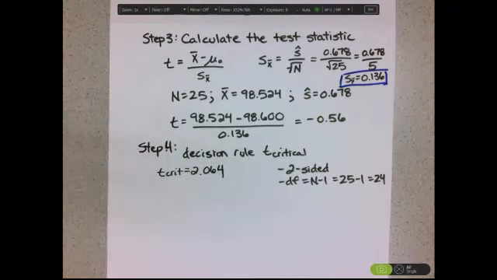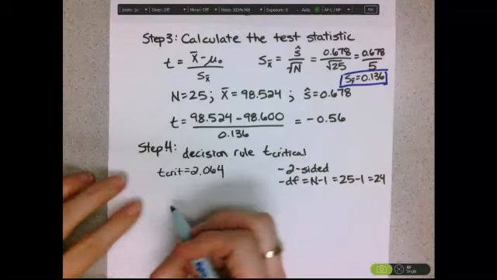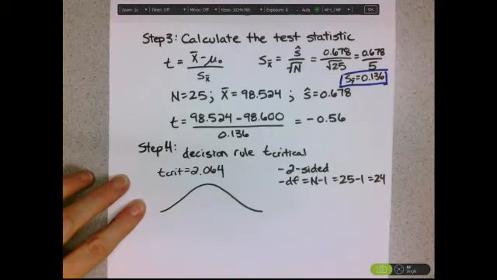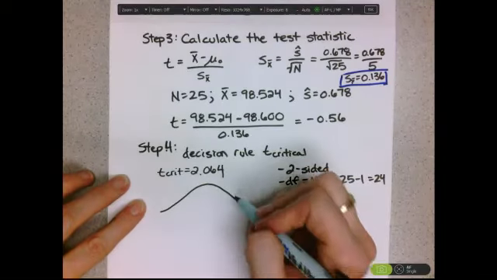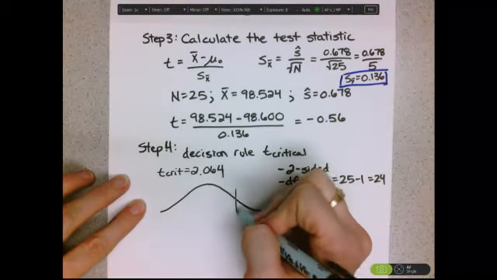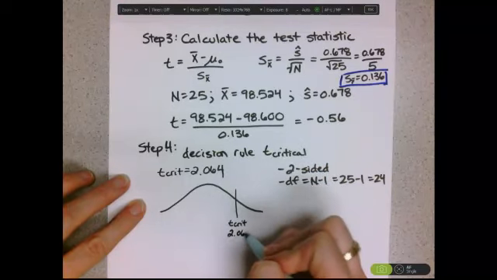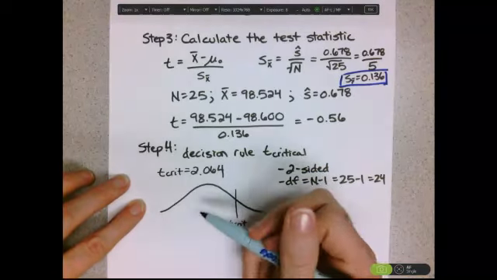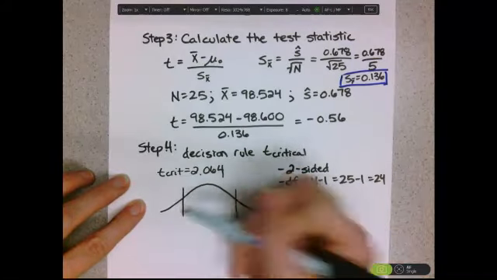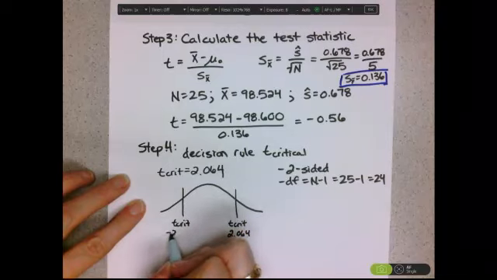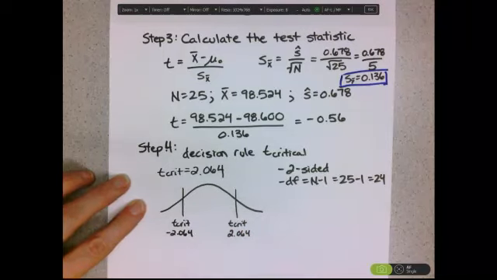So we're looking for our t critical, and our t crit is equal to 2.064. A good way to look at the decision rules for deciding about our null hypothesis is to draw out the distribution. We have our t critical value of 2.064, and because this is a symmetrical distribution, on the other side we'll also have a critical value of negative 2.064.